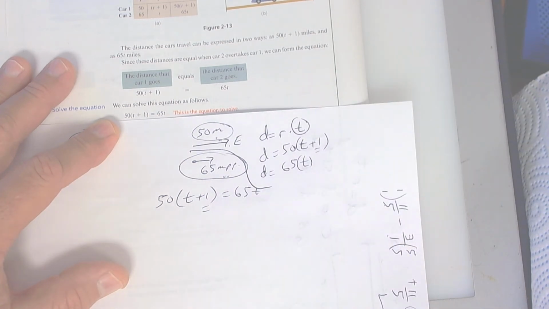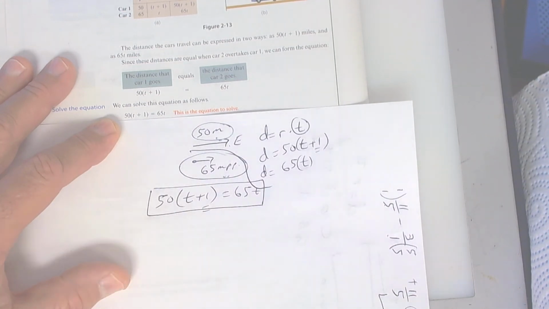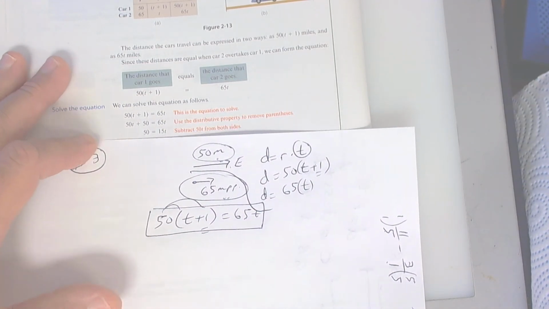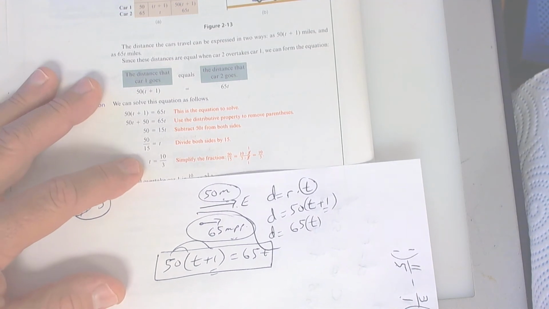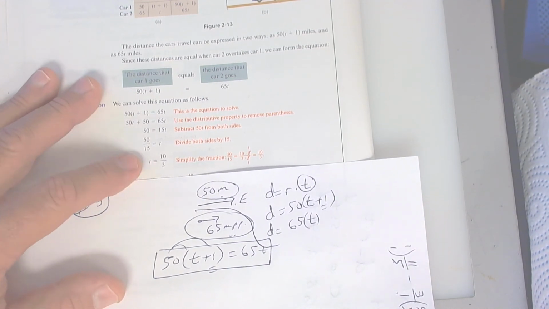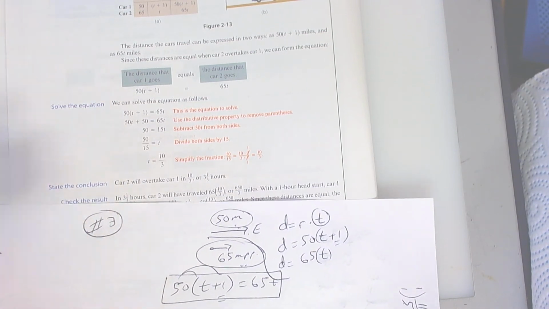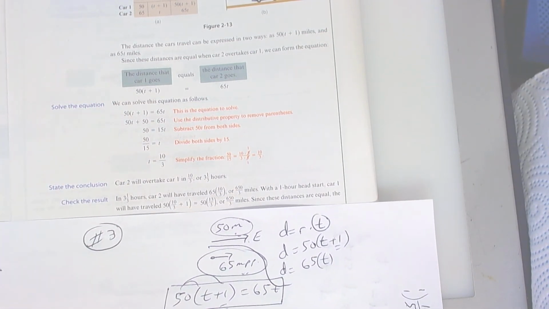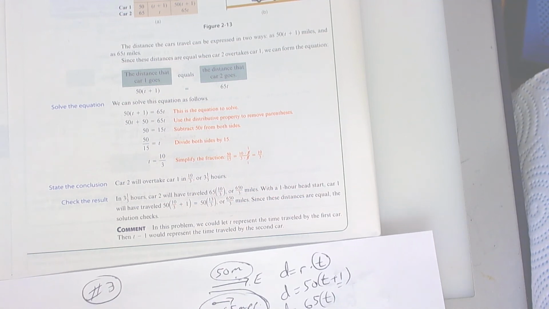That's when they're going to be dead heat, nose to nose. So you set them equal to each other, you distribute, and you work it out. They did that for us, and it's 3 1/3 hours, 10 over 3. So like 3 hours and 33 minutes. If you understood all of that, let's keep moving.